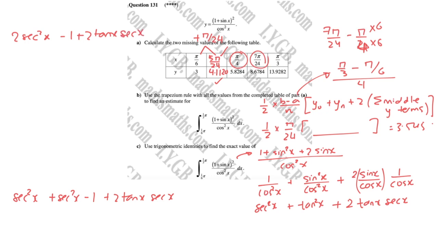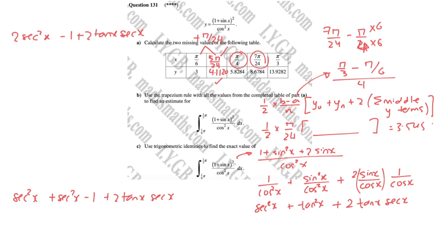For the 2 tan x sec x, do you do that by parts? No, you just integrate tan x sec x. It's in the formula book as sec x tan x under differentiation, so you can reverse it.